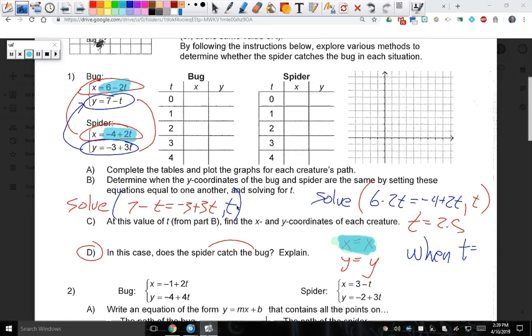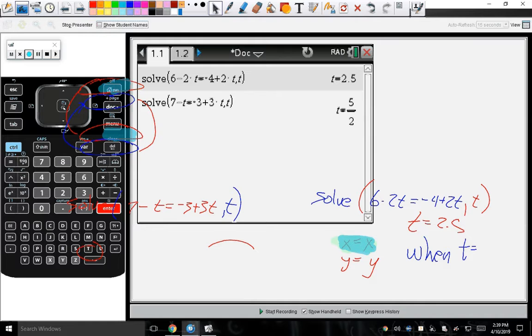Menu 3.1, 7 minus t is equal to negative 3 plus 3t, comma t. And you see that you get the same exact what? The same exact time. So the x's are the same at 2.5 seconds. The y's are the same at 2.5 seconds. So will they be in the same location at 2.5? Yes. So the bug gets captured by the spider.